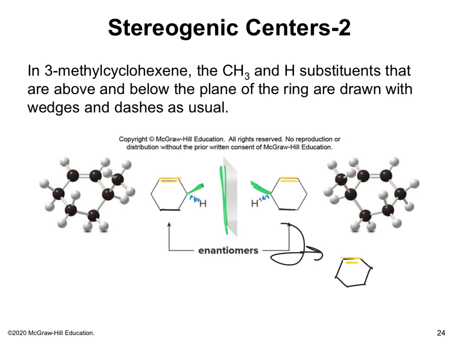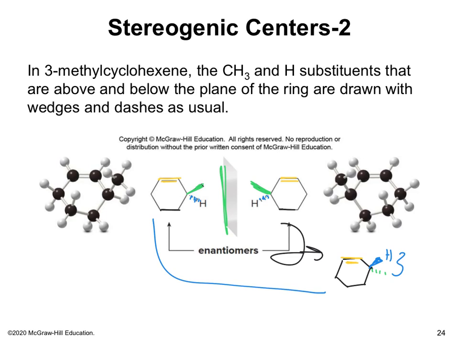And now the methyl would go down and the hydrogen would go up. And then these are the two you would compare. And that's what you would see is that these have switched.